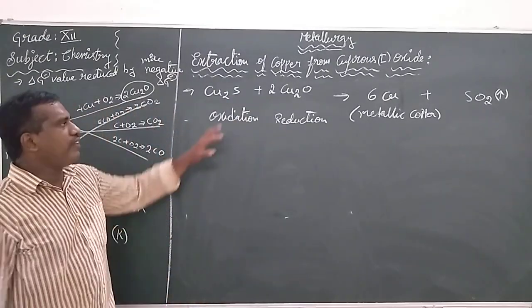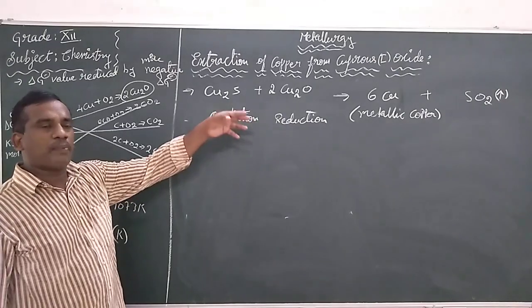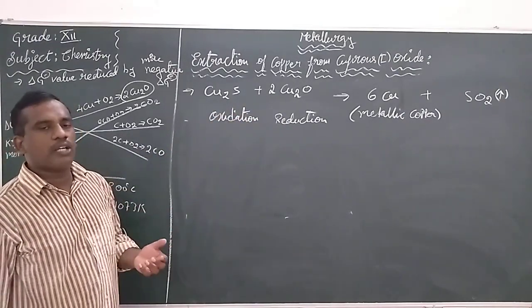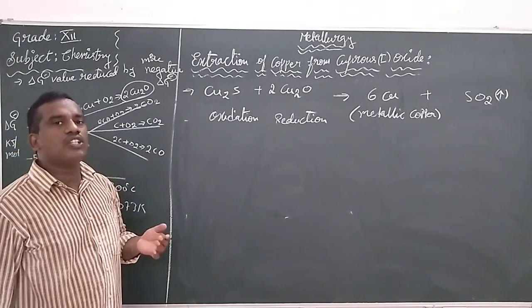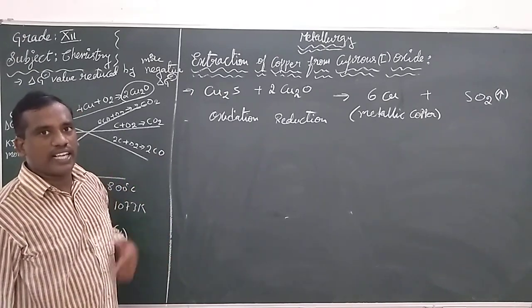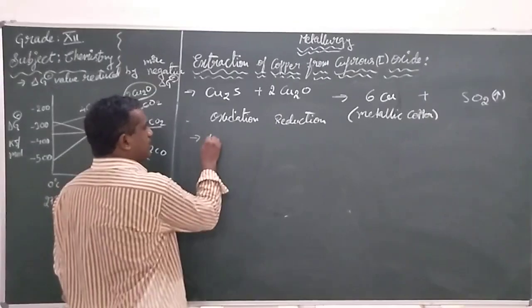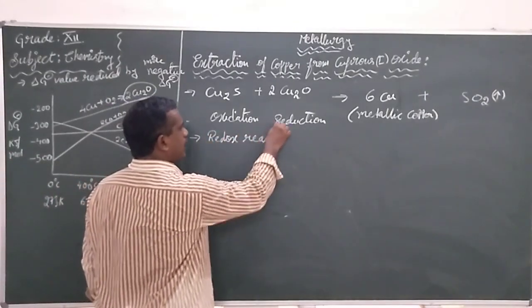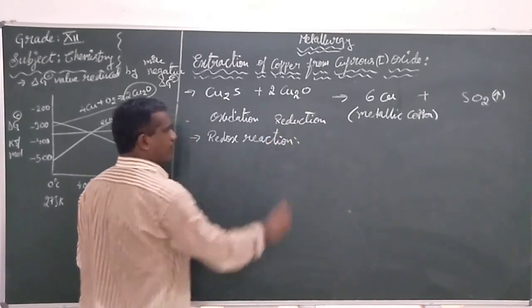So in a reaction when both reactants are participating in reduction and oxidation, what do we call this type of reaction? We call this one a redox reaction.